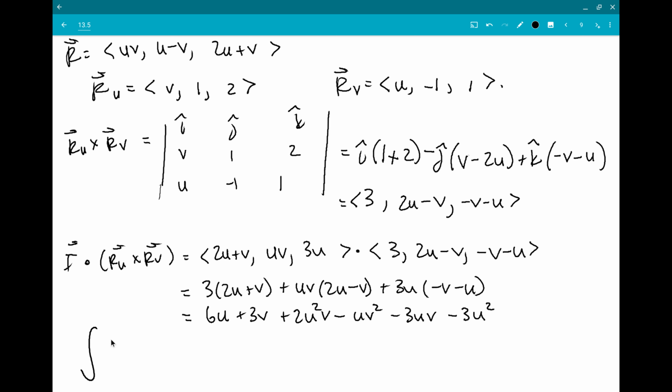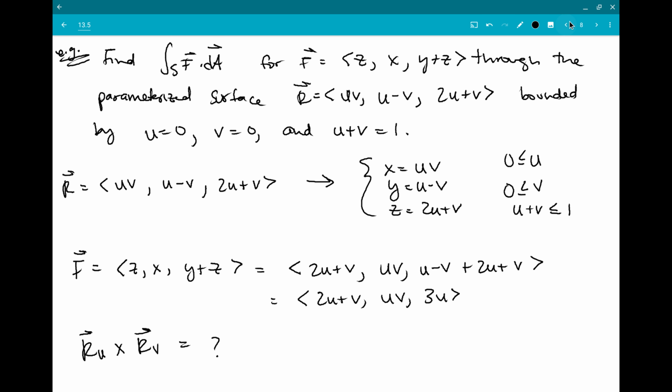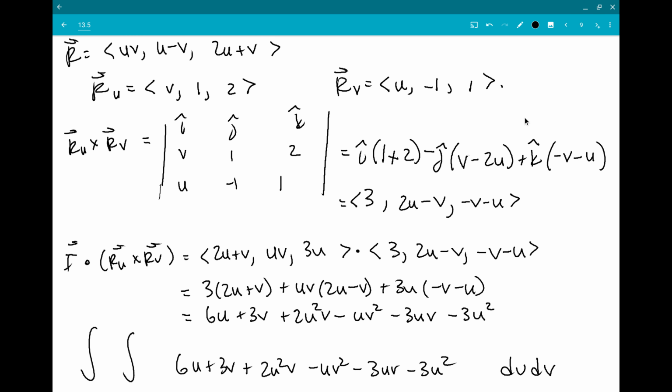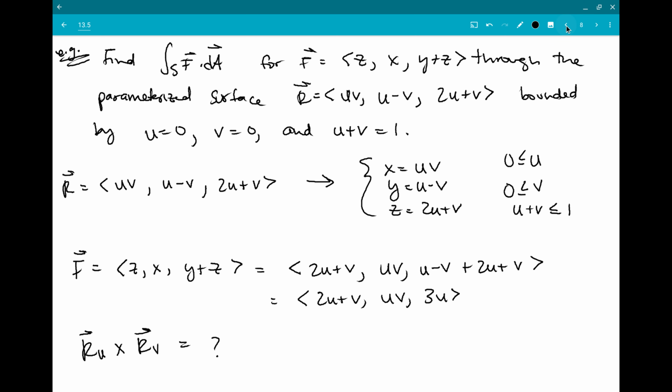And we just have to set up our integral. So we're going to have a 2D integral with this thing inside, integrating it with respect to u and v. And our bounds are going to come from here. Actually, first I'll show you the steps.